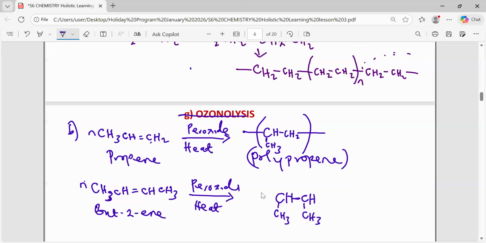And then this one is going to attach to another butene molecule. Even this bond is going to break to attach to another butene there. And this one, we call it a polybutene. Is it clear? Yes, teacher.